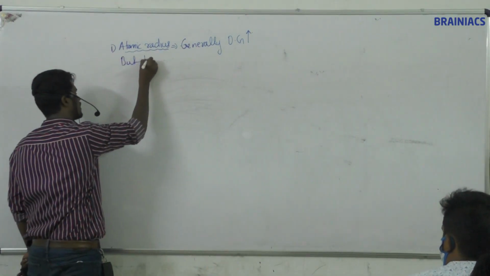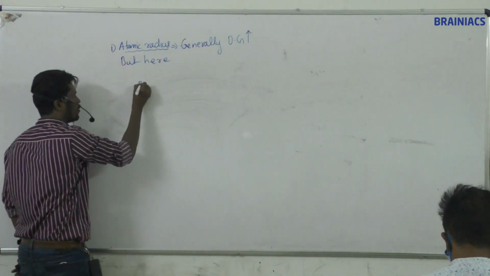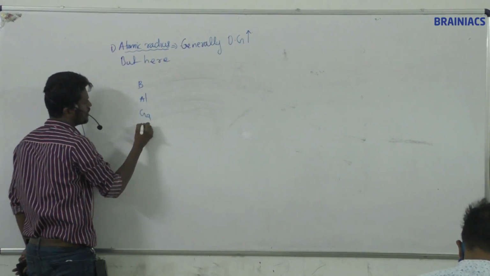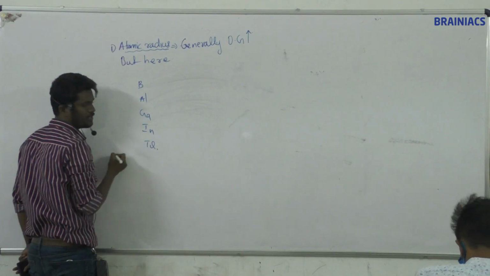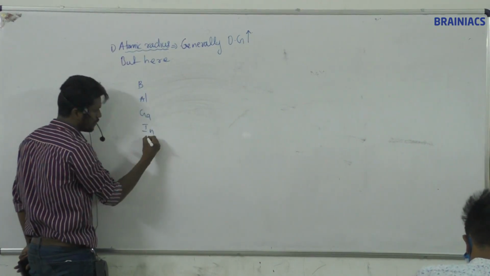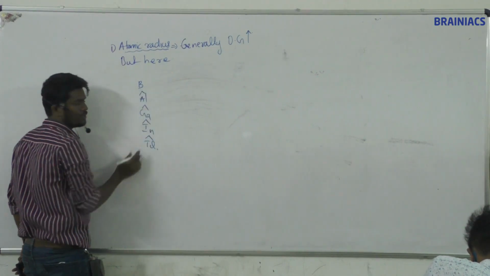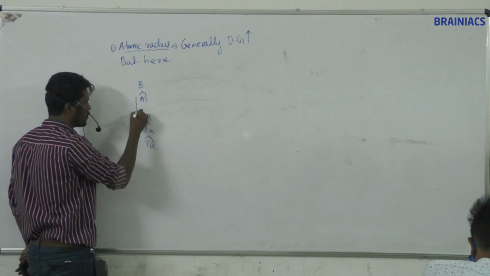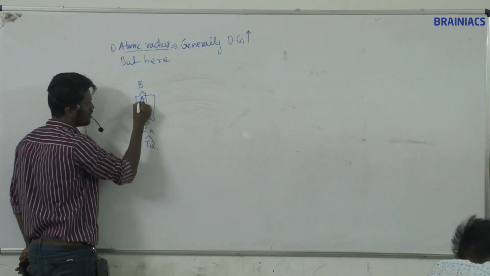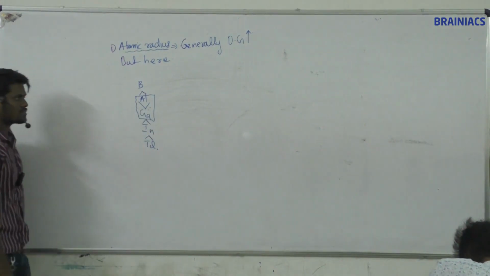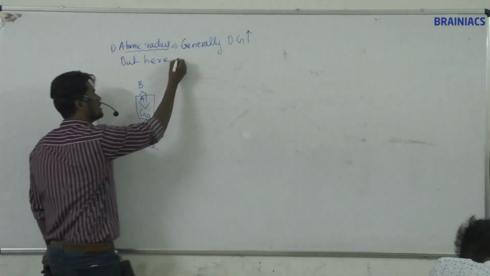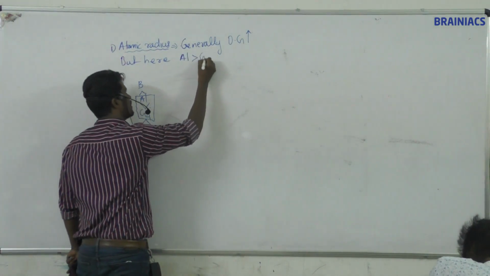But here, boron, aluminium, gallium, indium and thallium. Down the group increase means thallium, indium, aluminium. So there is an exception between aluminium and gallium: aluminium has a larger size than gallium.